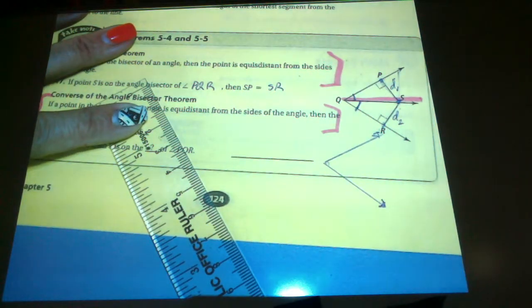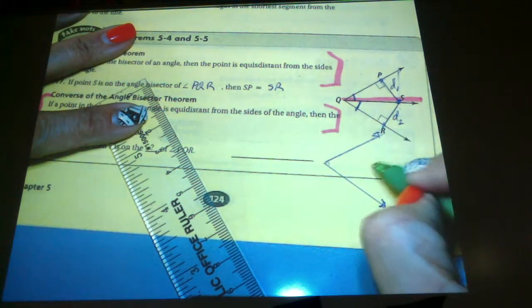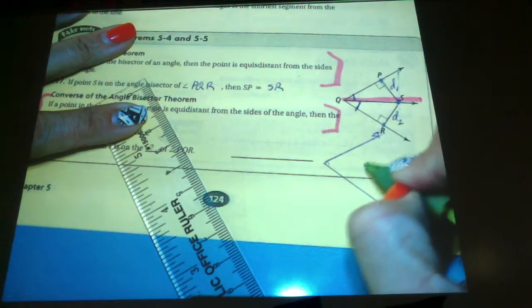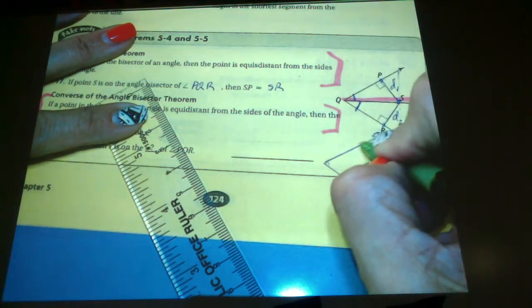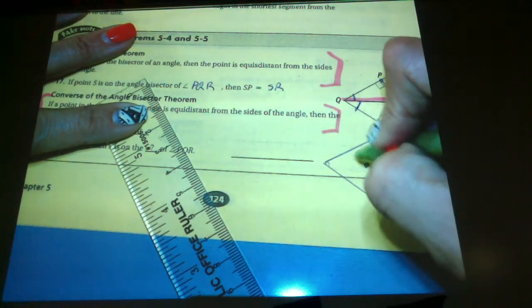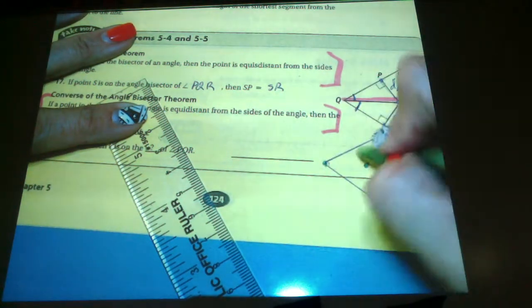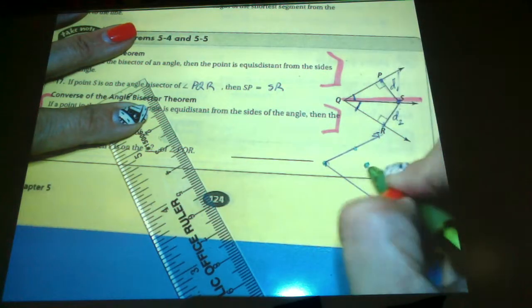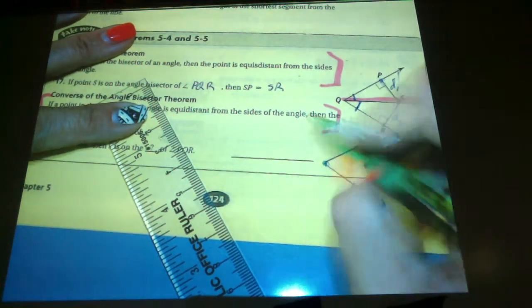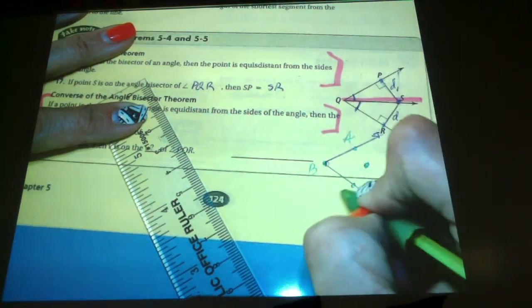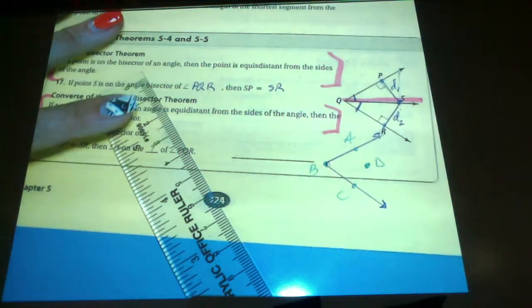And let's say that I drew a point here, and I had the following points. So I have A, B, C, and this is point D. So point D is on the interior.